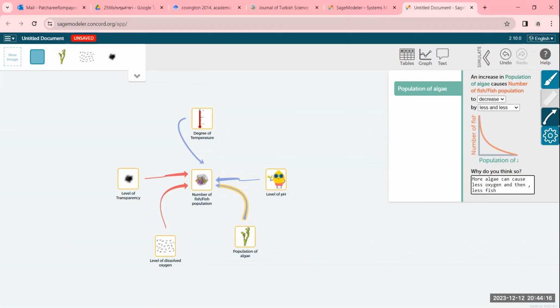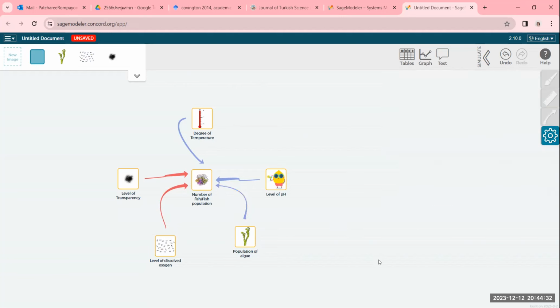So let's check the relationship. The blue one means decreasing, right? And cause. Yeah, less fish. Okay. So how about the second layer? pH depends on the plant surrounding the fresh water, right?